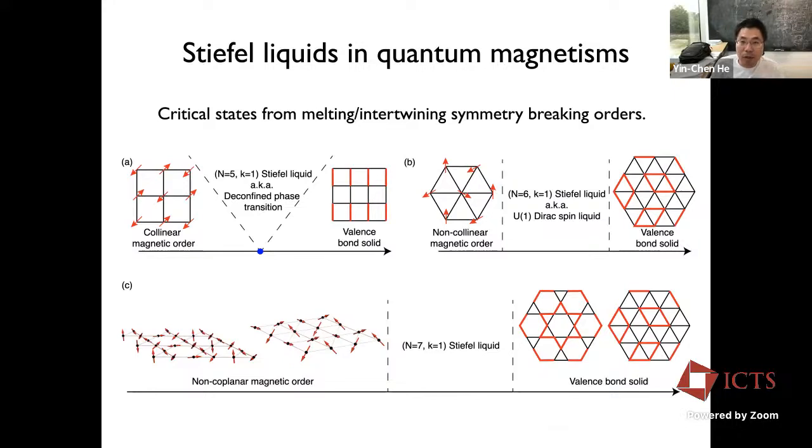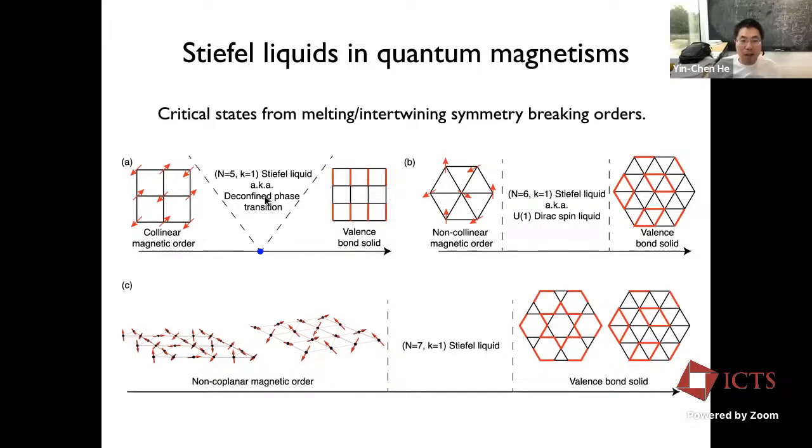And the key message is that physically, the Stiefel liquids in quantum magnetism are critical states that emerge from melting or intertwining different symmetry-breaking orders. That's the physics there. It's a very nice cartoon picture, and we can use serious and sophisticated math to really understand its nature and emergence in condensed matter systems.